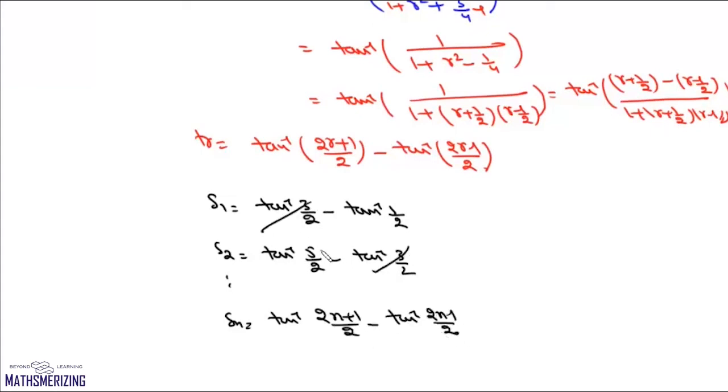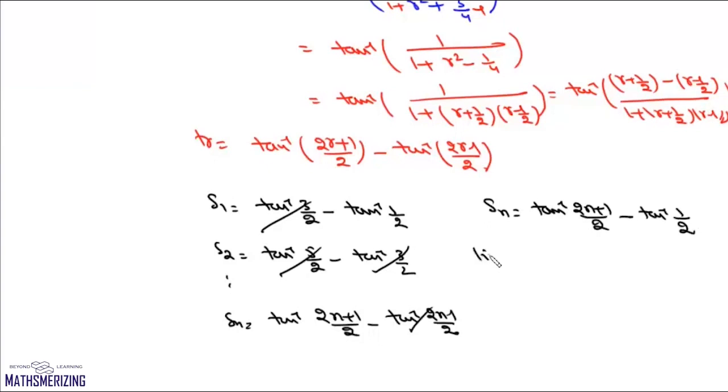Now here these terms will cancel. We'll get the partial sum as tan inverse (2n plus 1) by 2 minus tan inverse 1 by 2.